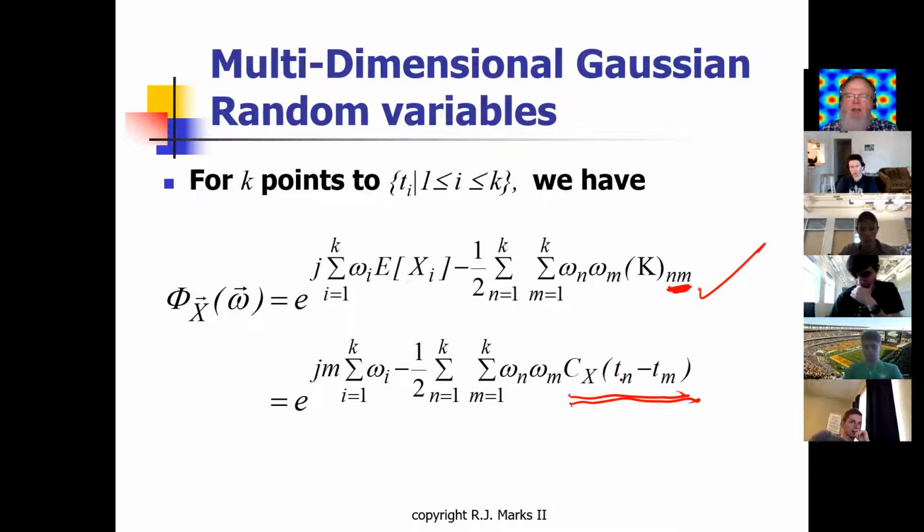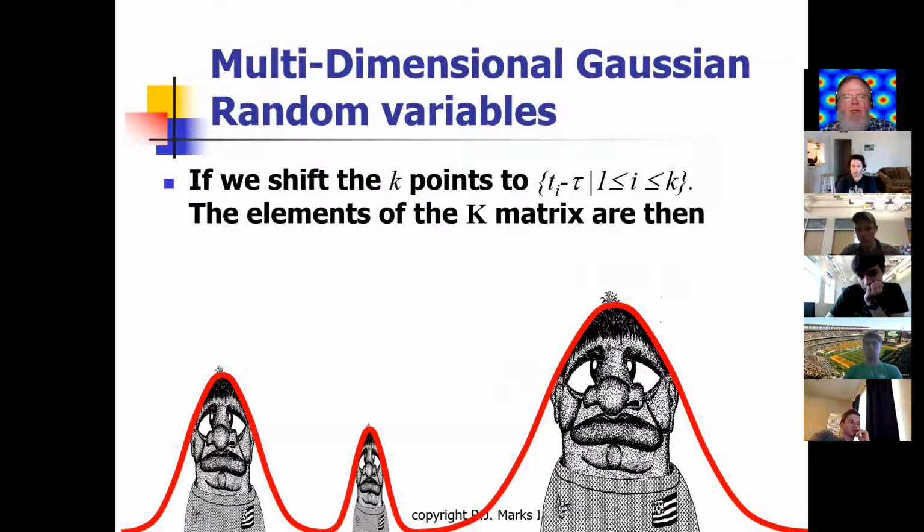And it's just a function of T sub n minus T sub m. So this is totally invariant to the shift. And so we see that we get the wide sense stationary playing a role in determining strict sense stationary for this Gaussian stochastic process.